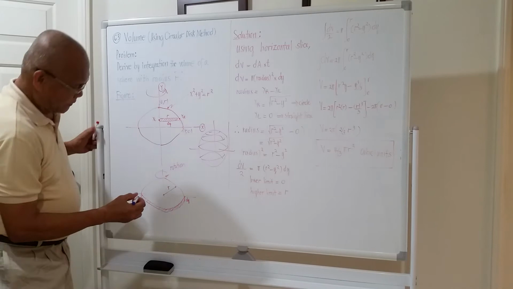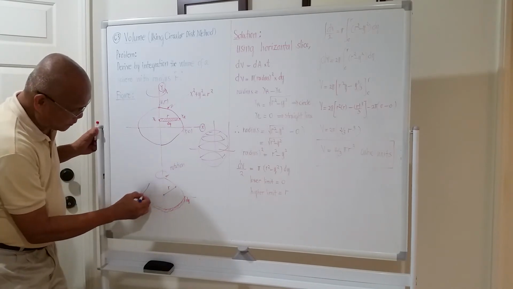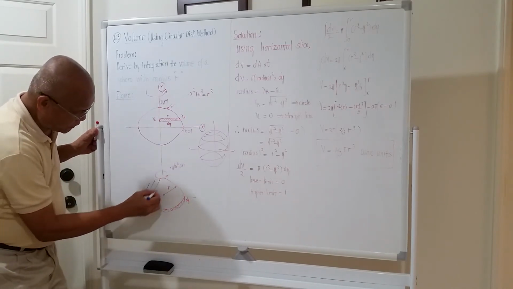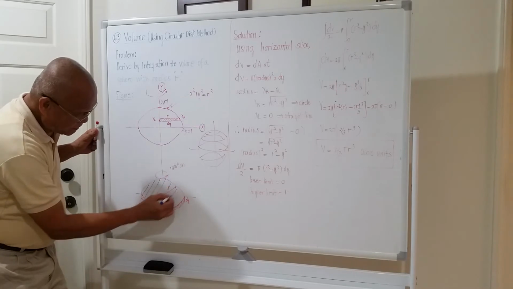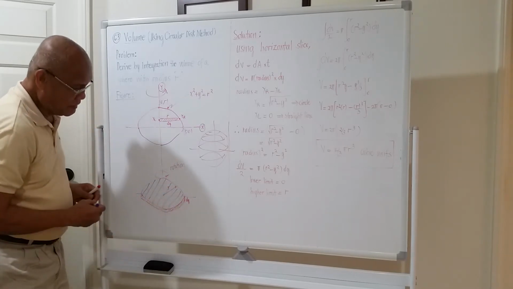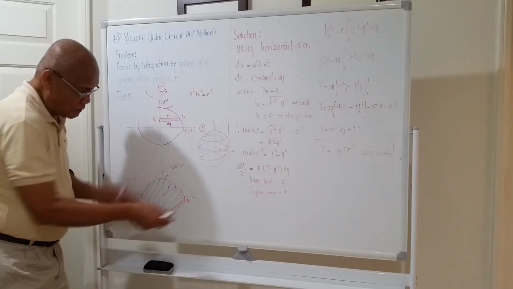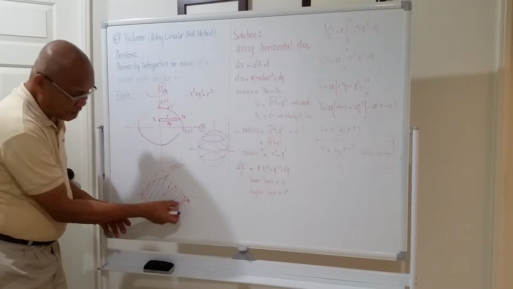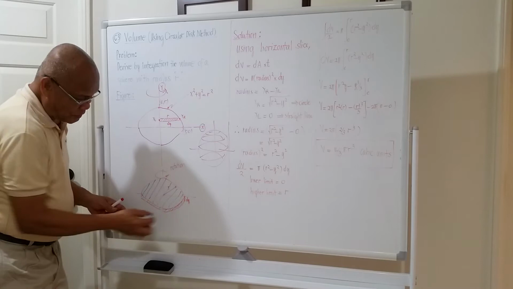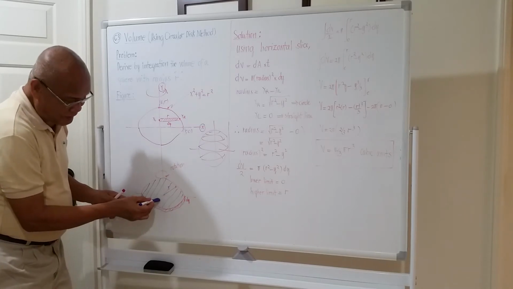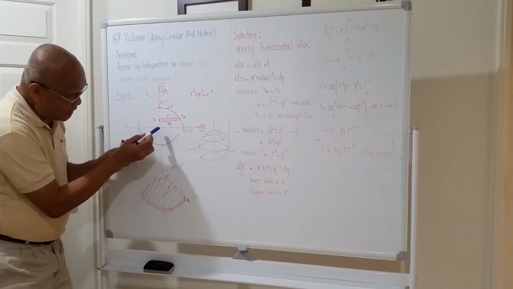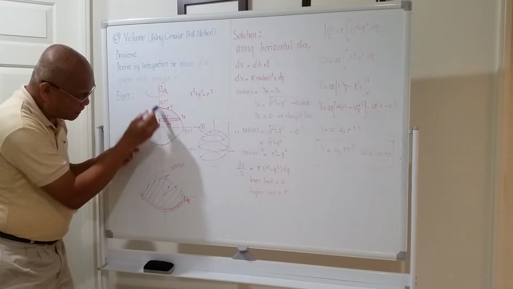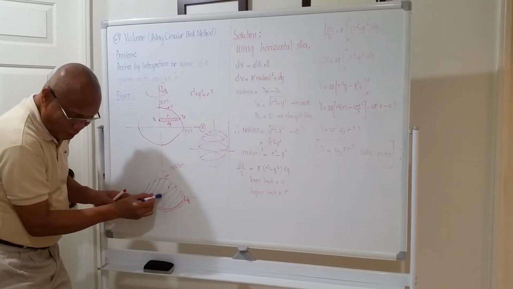The area of the circle will be this one shaded by the blue line. We rotate it one complete revolution, and the thickness is dy. So to compute the volume of this thing, it is variable. As it moves from 0 to r, this volume is variable.